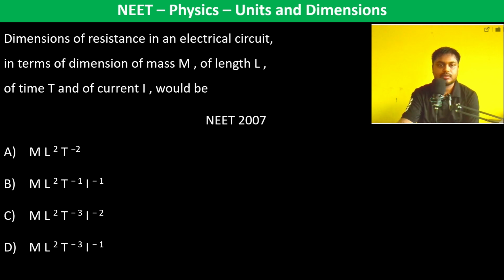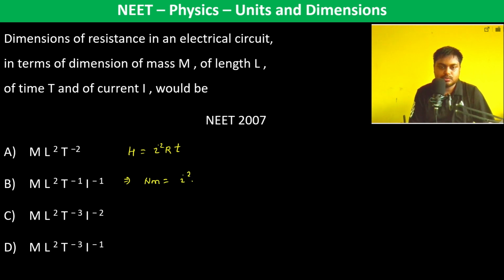Thank you. Dimensions of resistance in an electric circuit in terms of M, L, T and I will be. Okay, so the heat generated is going to be I square R T. So joule, which is Newton meter, is equal to I square into R into second.